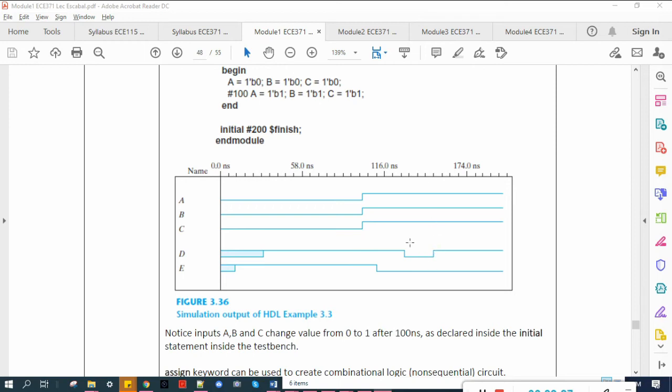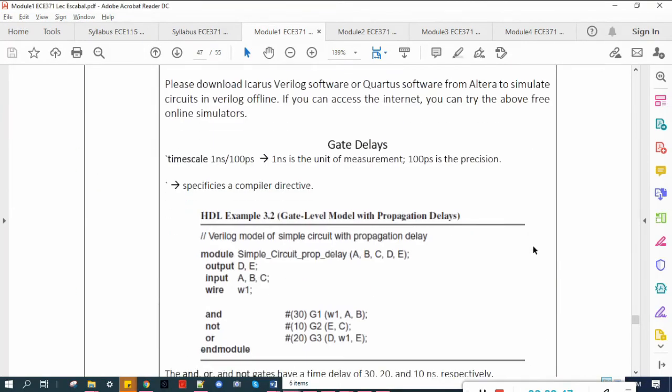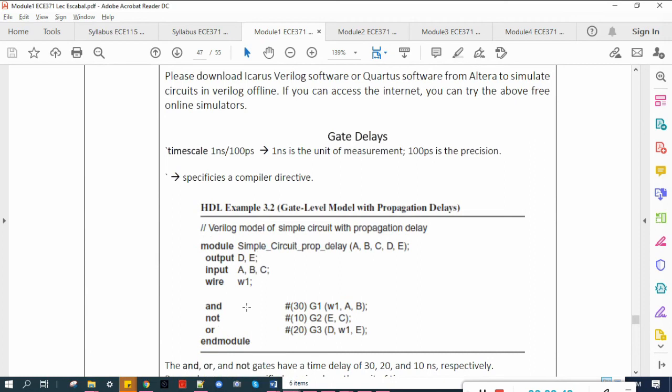output D is already stable. So in this part here, that's when our output is stable, because that is the maximum or the longest propagation delay of our logic gates, which is the AND gate.